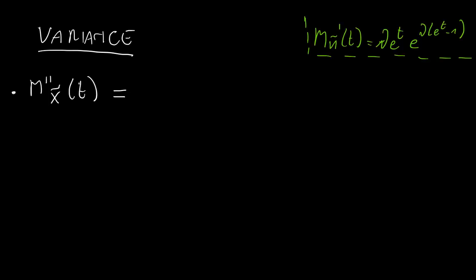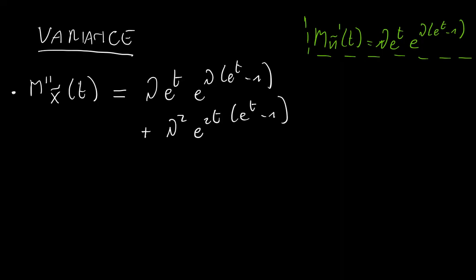We recall, in the gray box, the first derivative with respect to t, and at this stage we have to take the second derivative with respect to t. In this case we have this result because we have a product of functions of t. The first function is lambda times the exponential of t, and the second function of t is the exponential of lambda multiplied by the exponential of t minus 1.